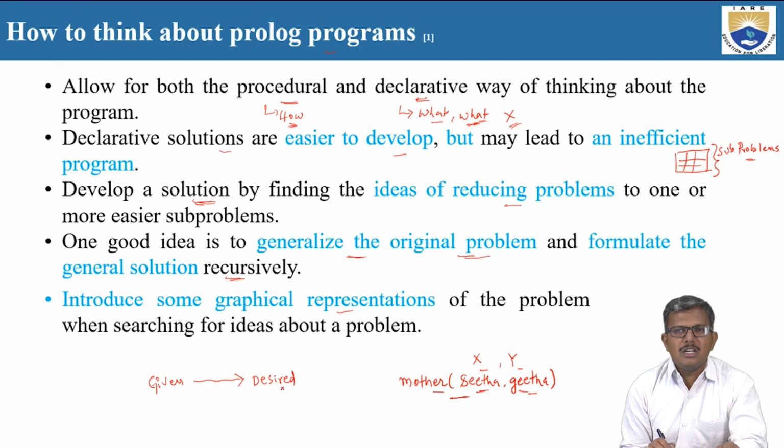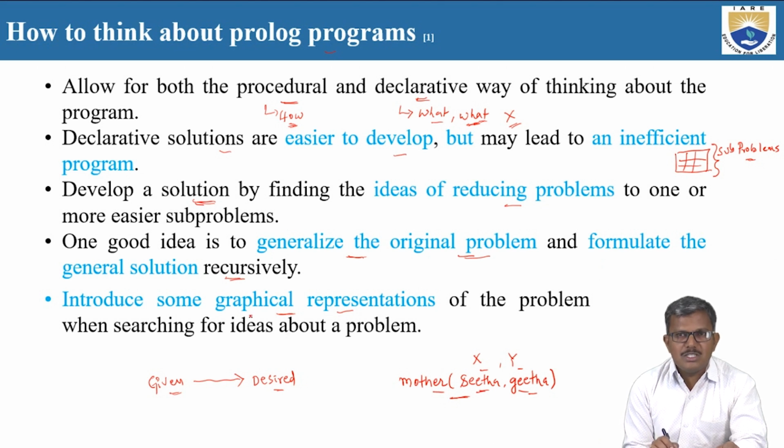This is a common statement that is given to all AI problems, we can say. So it is suggesting to have a graphical representation, which is going to visually show us how the given state is converted or moved to the desired state.